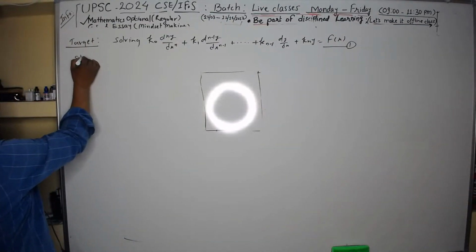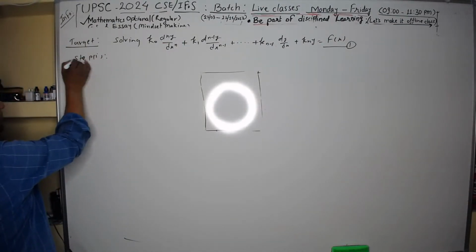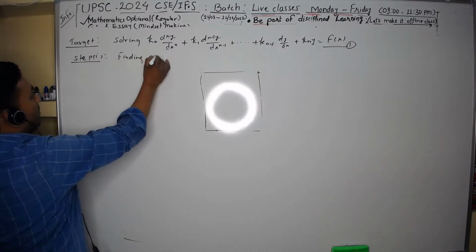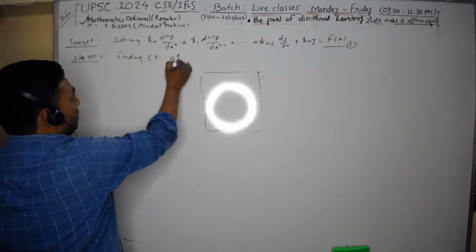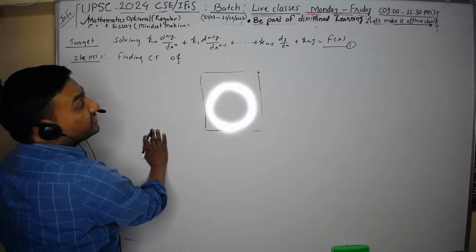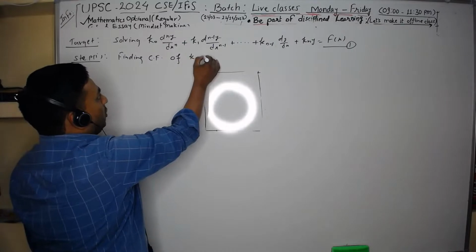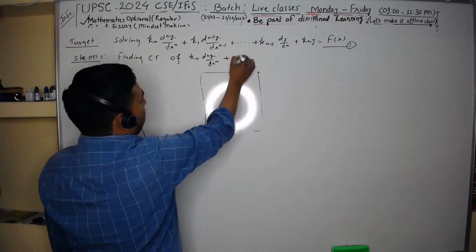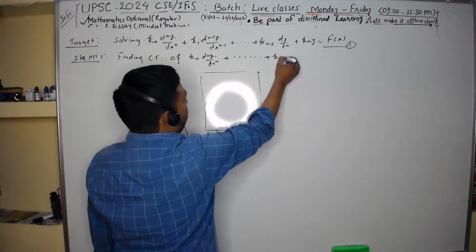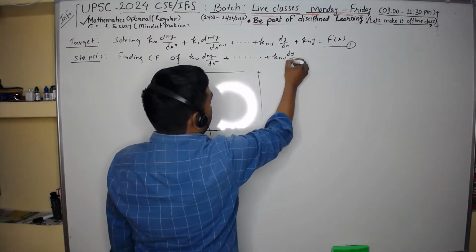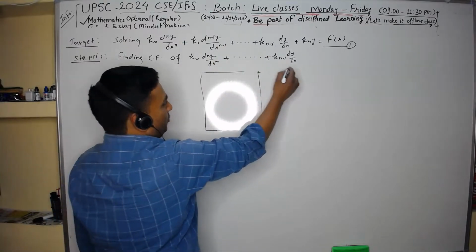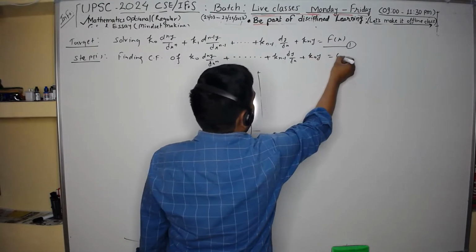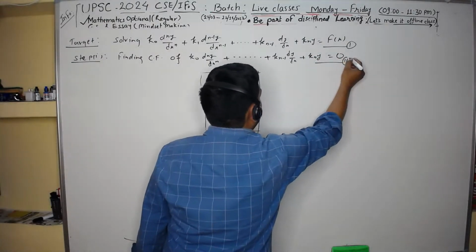So what step 1 have we learned? Finding the complementary function of k naught d^n y over dx^n plus k1 d^(n-1) y over dx^(n-1) and so on, plus kn y equals 0.